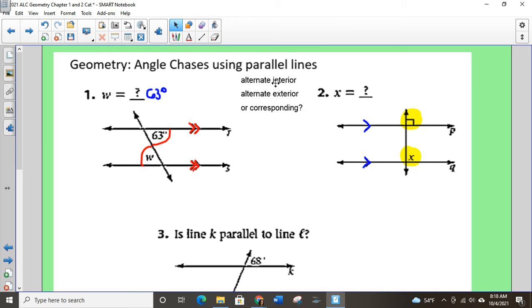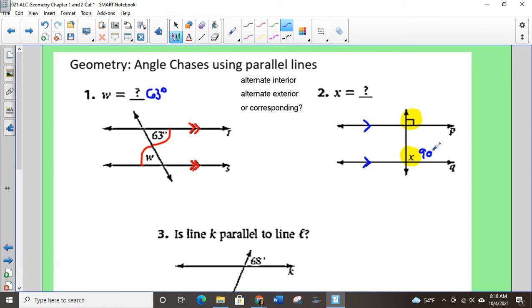Are they alternate interior angles, alternate exterior angles, or corresponding angles? The correct answer is they're corresponding angles. And again, corresponding angles, if the two lines are parallel and are cut by what we call a transversal, this line that crosses them, we'll find out they're congruent. So how many degrees is X?